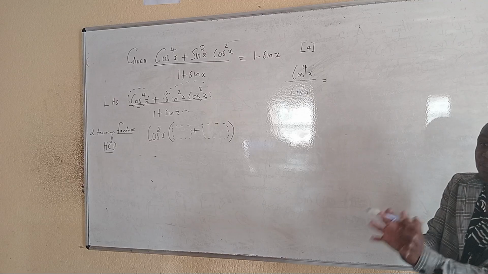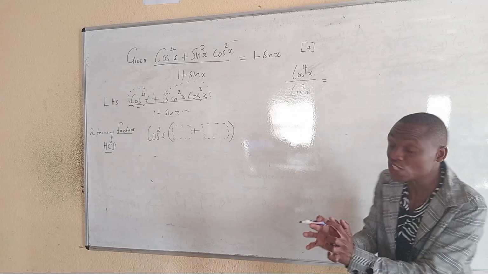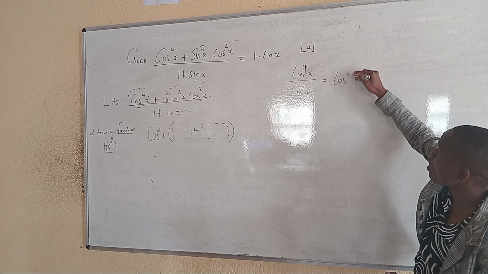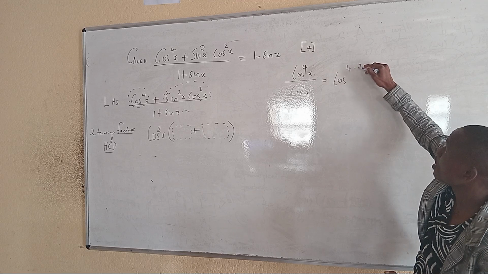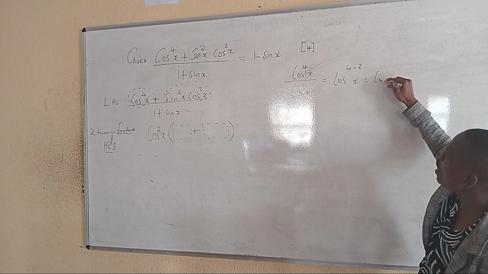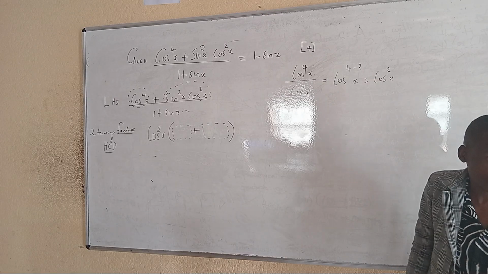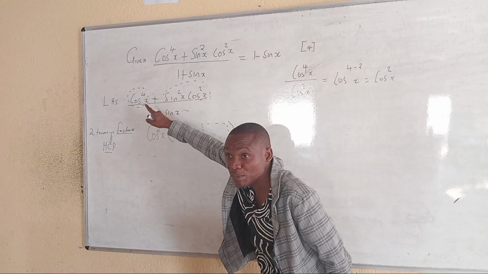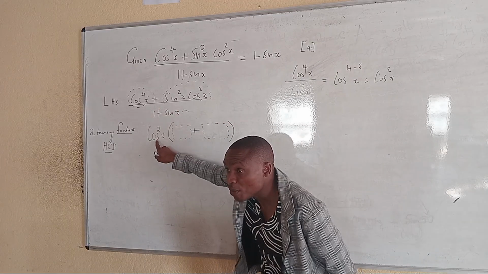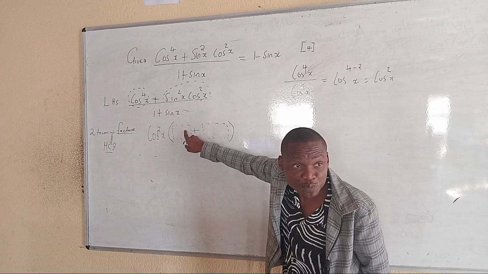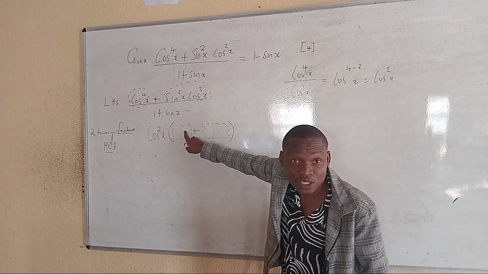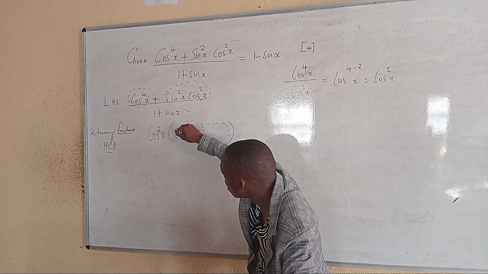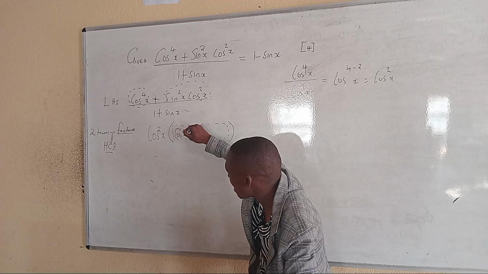If you divide powers of the same base, you keep the base, subtract what? The exponent. So your answer is cos squared x. So you take the first term, you divide it with a common factor so that you can know what to put inside the bracket. You put what? Cos squared x.